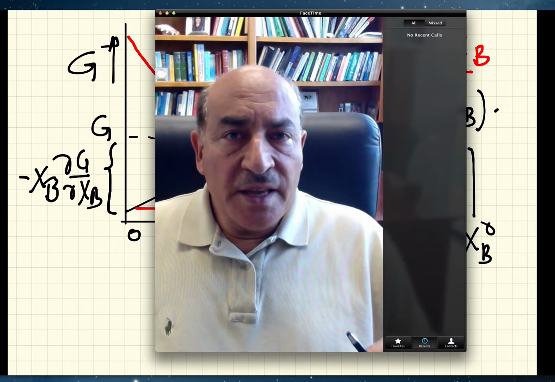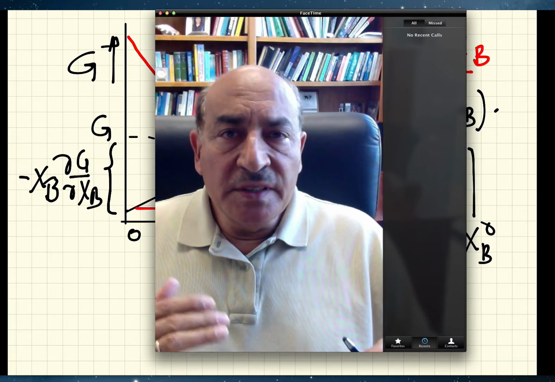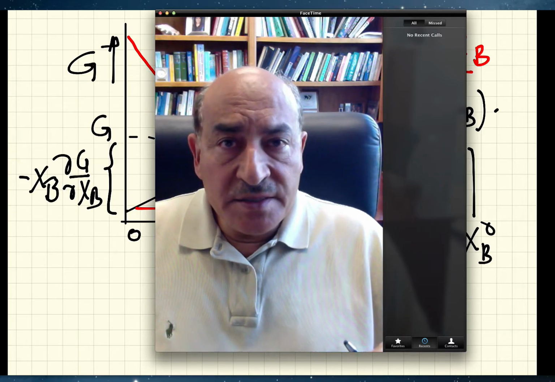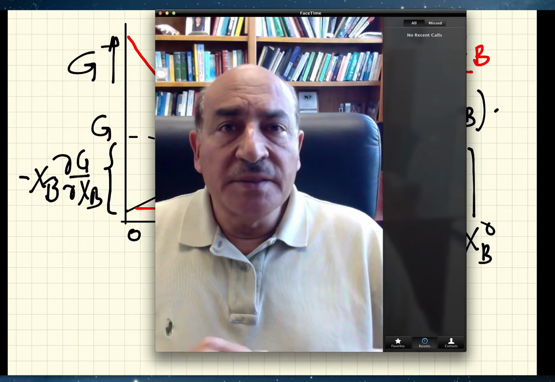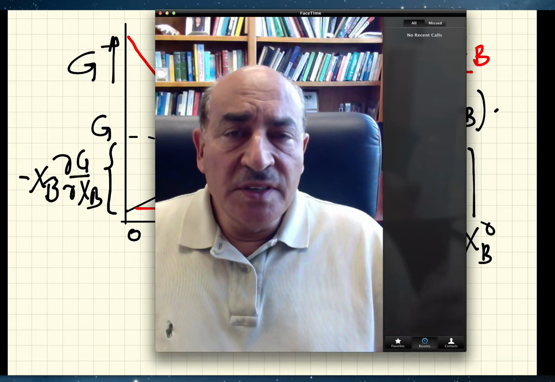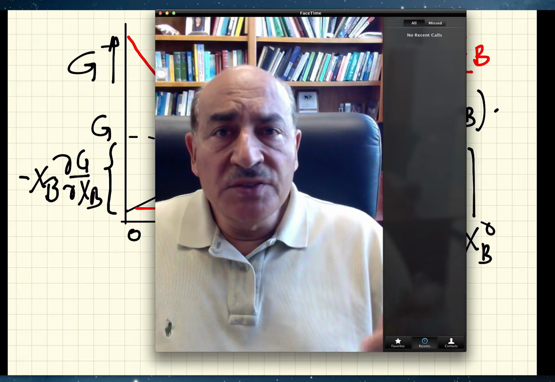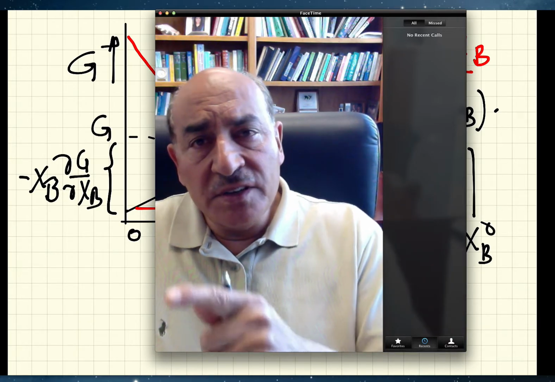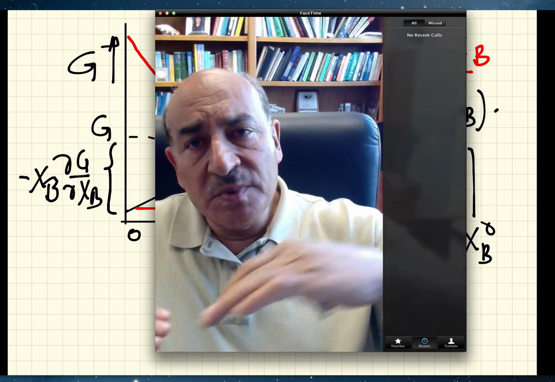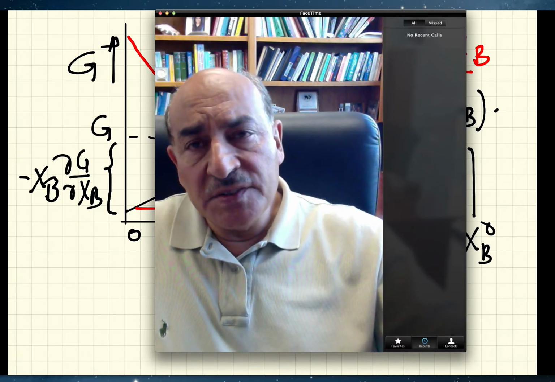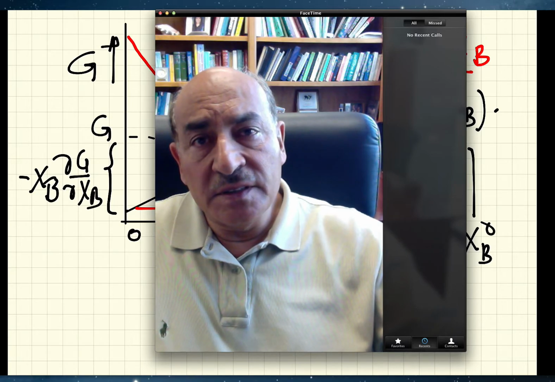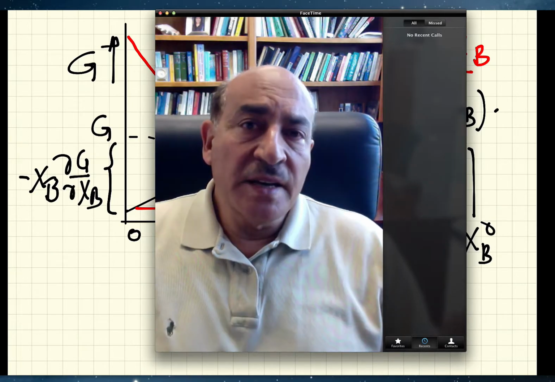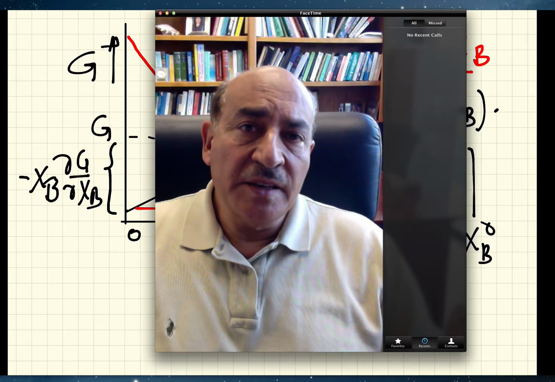If it is on the a side, it will be the value G minus the distance, which is x sub b, times the slope again. So all we need to do is plot the G curve and take the slope of the G curve: the intercept on the right side will be the chemical potential of element B, and the intercept on the left-hand side will be the chemical potential of element A.